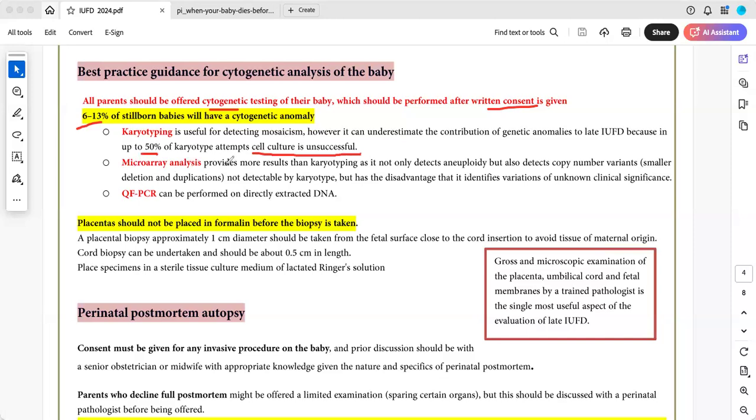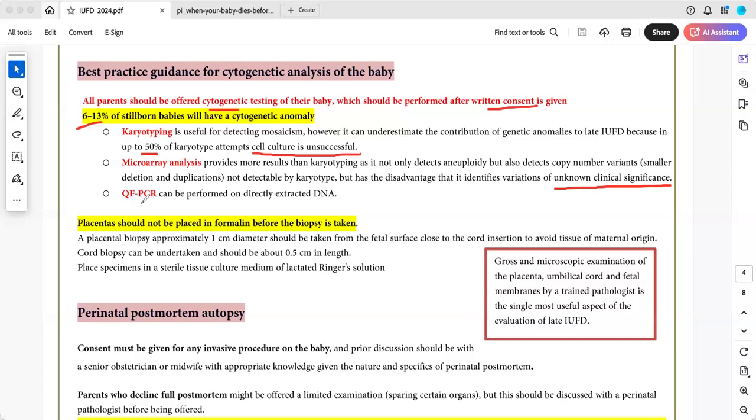Microarray analysis provides more results than karyotyping. It not only detects aneuploidy, but also copy number variants, like smaller deletions and duplications not detectable by karyotyping, but it has the disadvantage that it identifies variations of unknown clinical significance. And when they tell you variation of unknown clinical significance, this is not an answer.